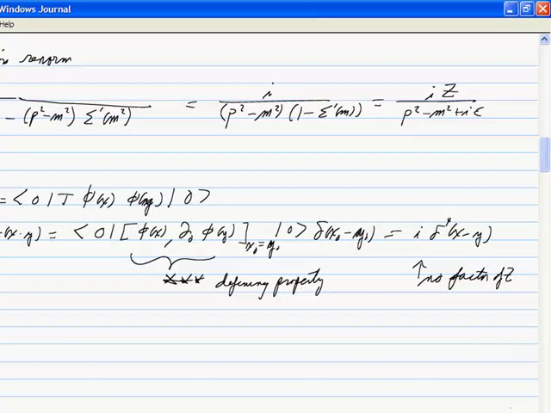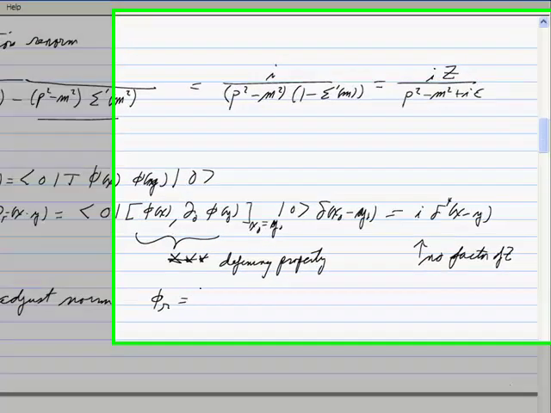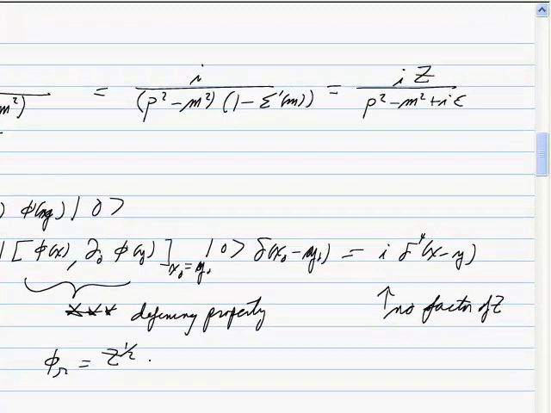The screwing up of the normalization comes from that term in the self-energy, and so we need to readjust the normalization. So if I define phi of r as Z to the 1/2 of phi, that's my starting phi. This is now the renormalized field. Phi of r then will have the correct propagator.